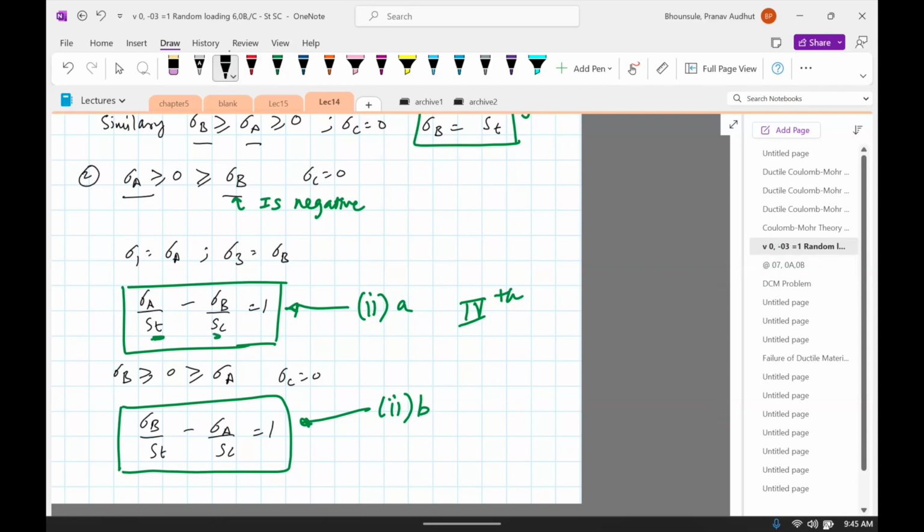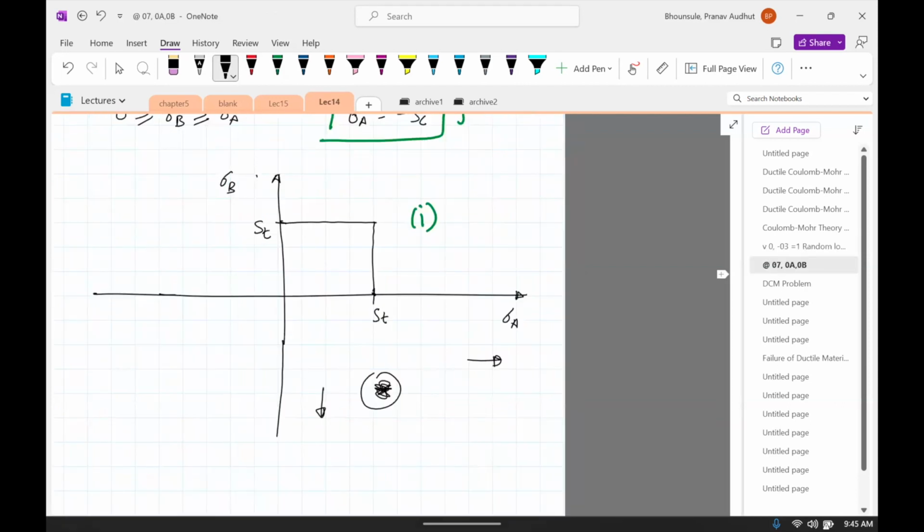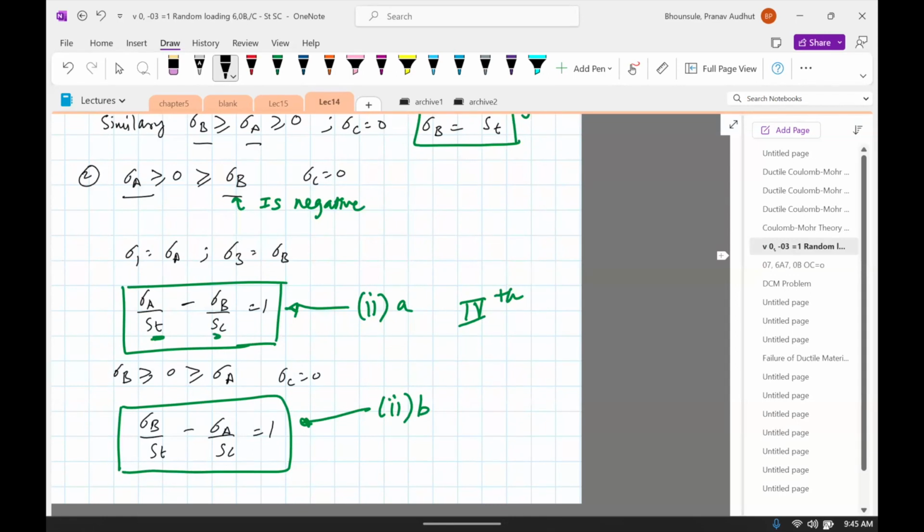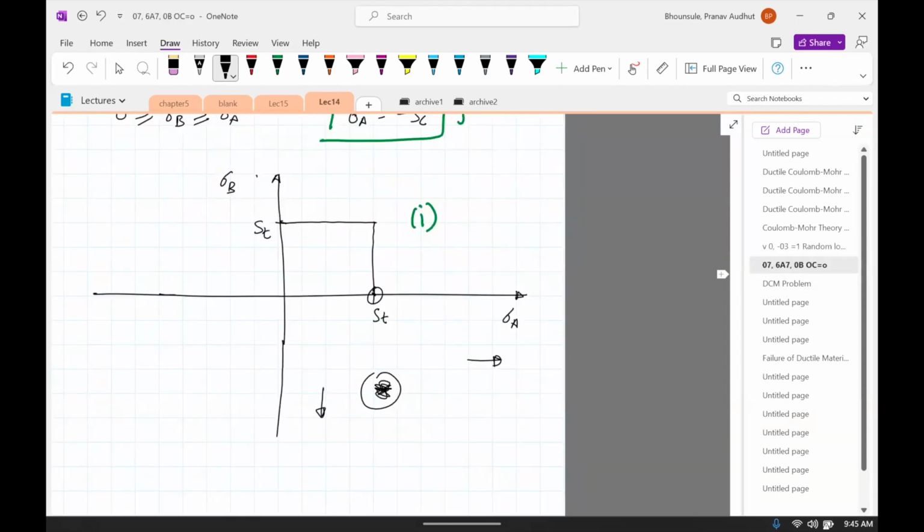So ST is the x-intercept, and minus SC is the y-intercept. We need to join these two with a straight line. So this is going to be our 2A.